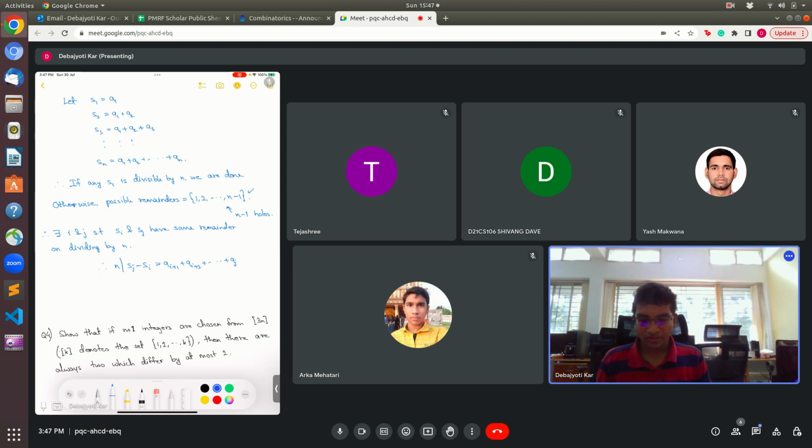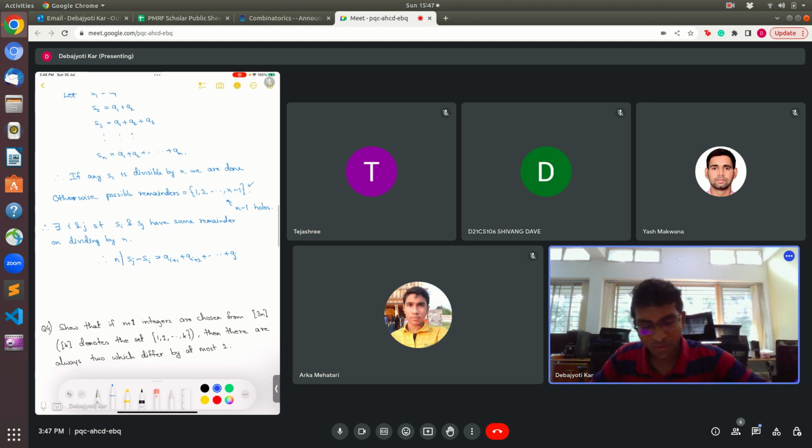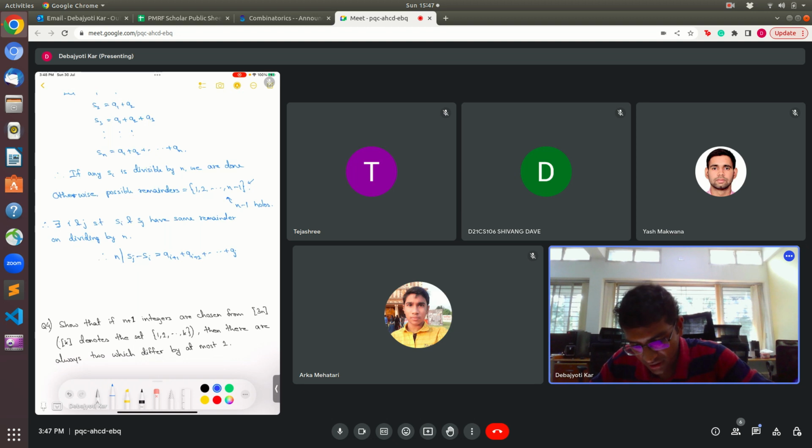Sj is the sum a1 plus a2 plus up to aj, and Si is a1 plus a2 plus up to ai. So if you take their difference, we are just left with ai plus 1, ai plus 2 up to aj. So this is a contiguous subsequence, and we are done. This is a contiguous subsequence whose sum is divisible by n.